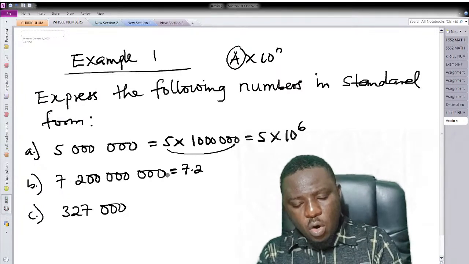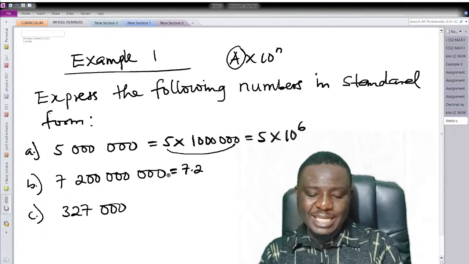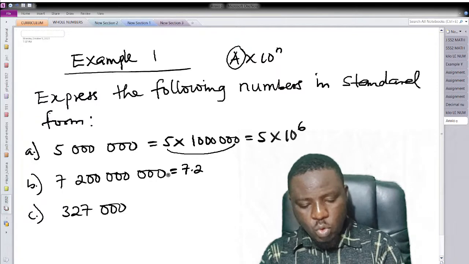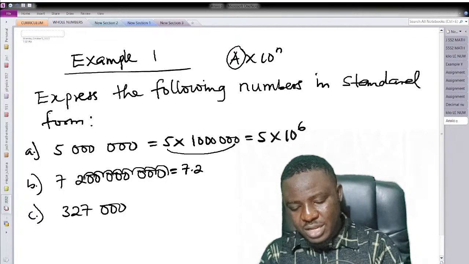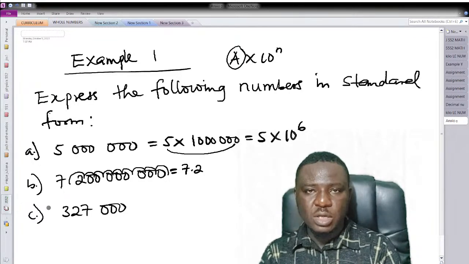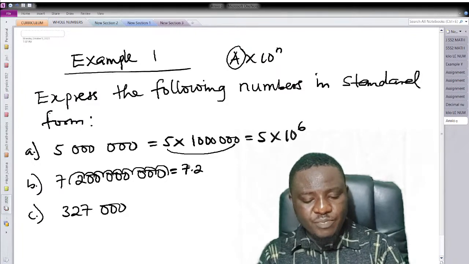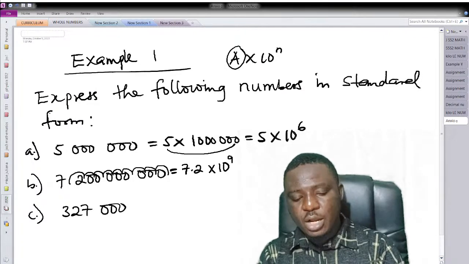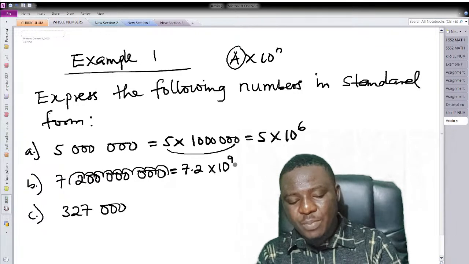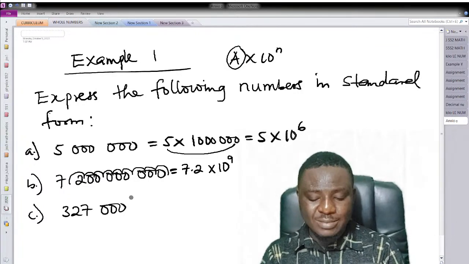Now, all we are saying is, ordinarily the decimal point is here. So this is going to move 1, 2, 3, 4, 5, 6, 7, 8, 9 times, so that in standard form, this can be expressed as 7.2 times 10 raised to the power of 9. The power is dependent on the number of times the decimal point is moved.